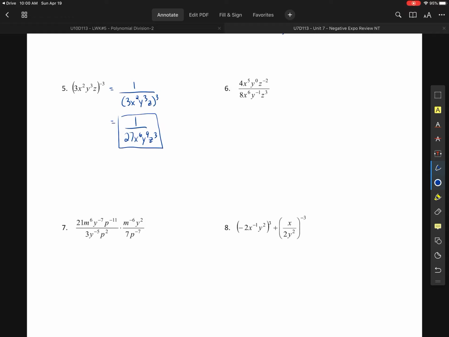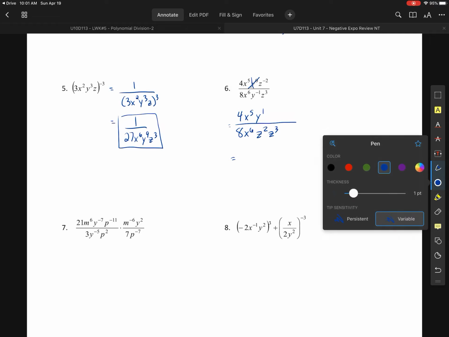All right, problem 6. All right, so I look at this one, I'm thinking right away reorganize. But before I do that, y to the 0 is 1. That is irrelevant. So I have 4, x to the 5th, 8x to the 6th, y to the 1st, z squared comes down, z to the 3rd. I can do my simplifying.